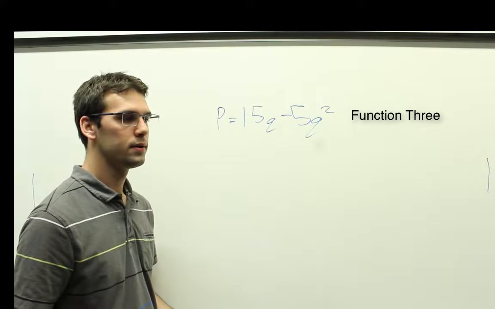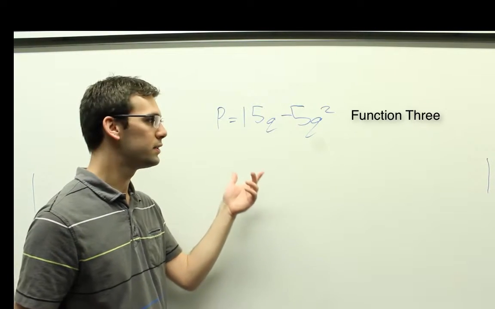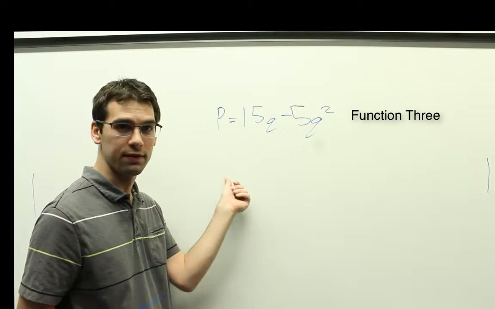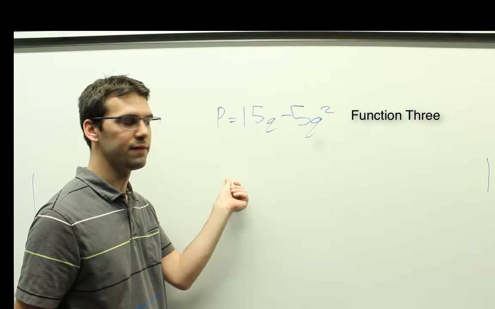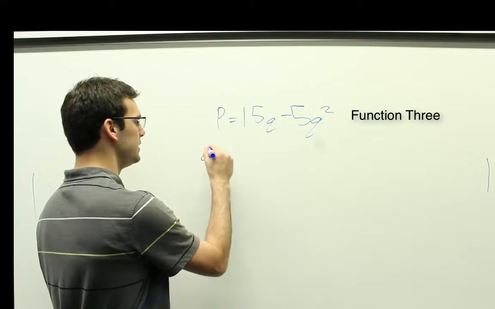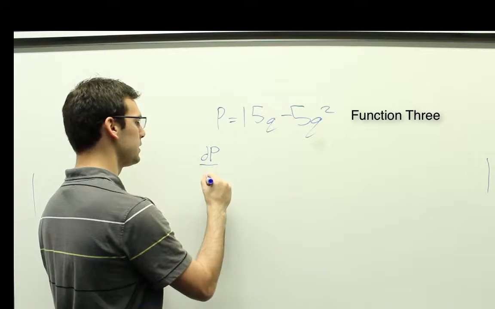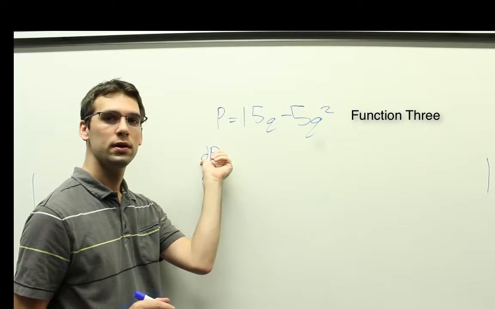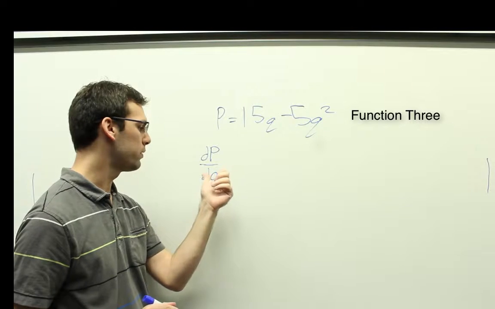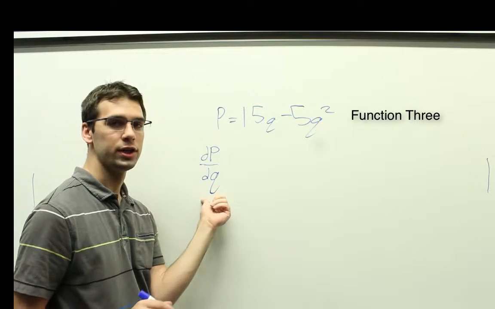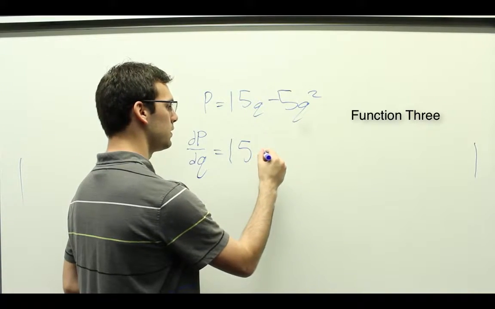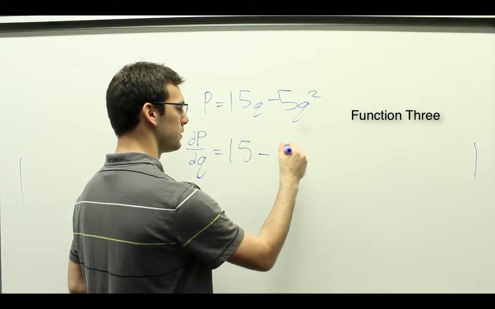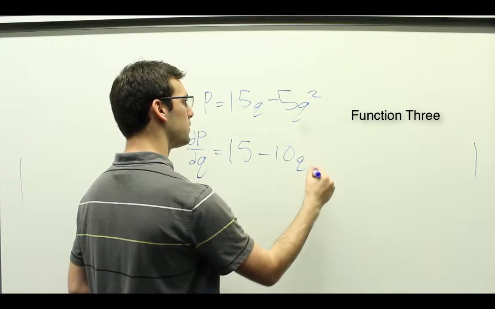To identify that effect, we would take the derivative, which would tell us dp over dq, the change in p with respect to a change in q. Then you have 15 minus 10q.